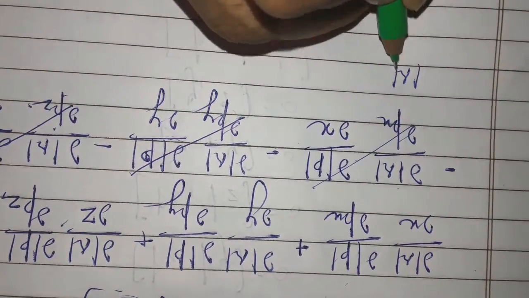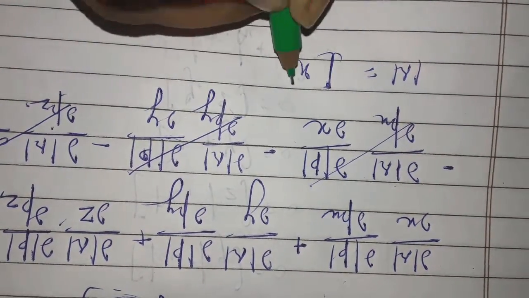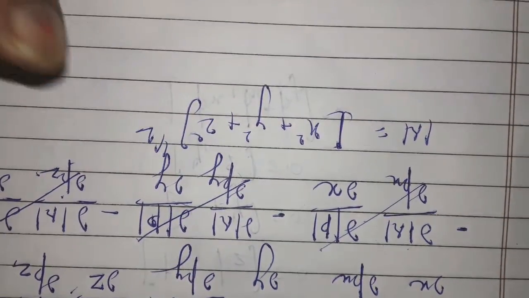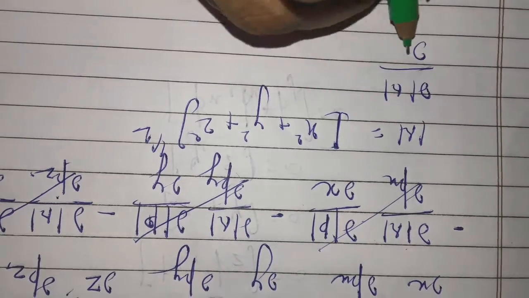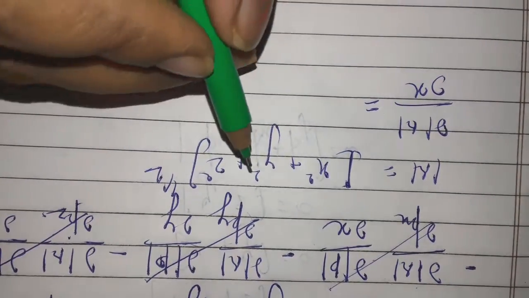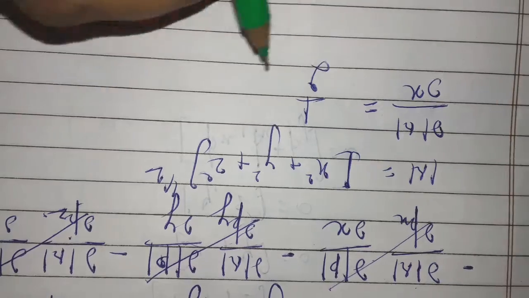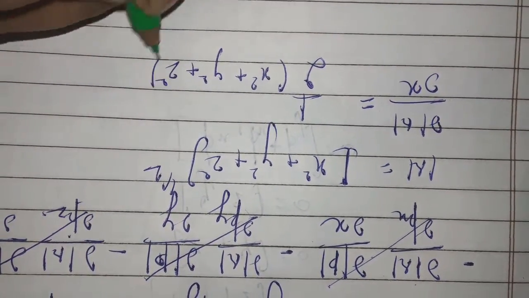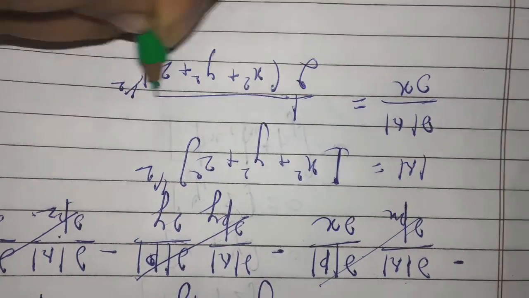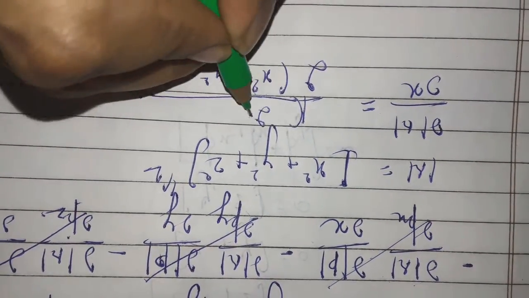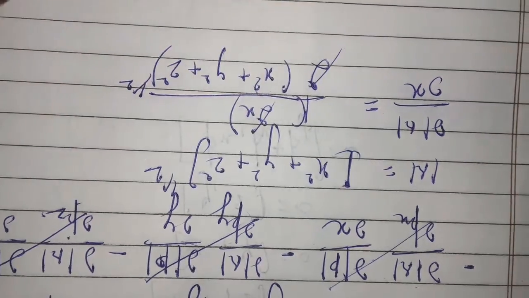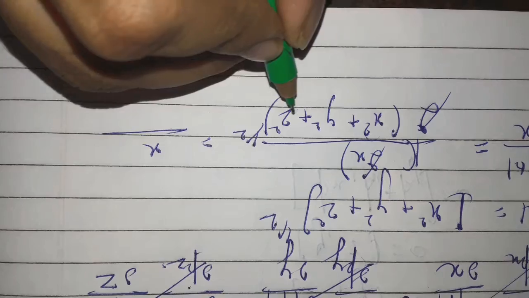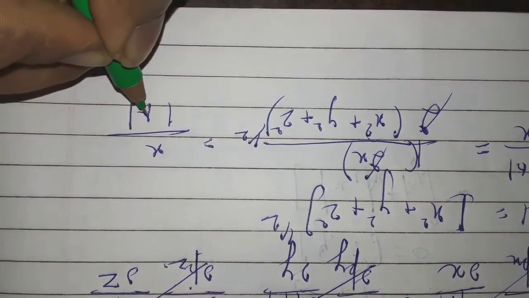If your mod r is (x square plus y square plus z square) to the power 1/2, and you want to calculate ∂r/∂x, how will you expand it? Power 1/2 comes in front, then (x square plus y square plus z square) to the power 1/2 minus 1, which is minus 1/2, so we write it in the denominator. The derivative of x square is 2x, 2 cancels with 2, and it becomes x upon the square root of x square plus y square plus z square, which I can write as mod of r.